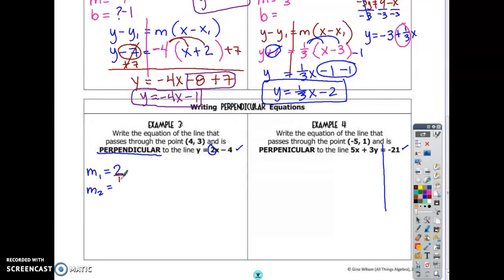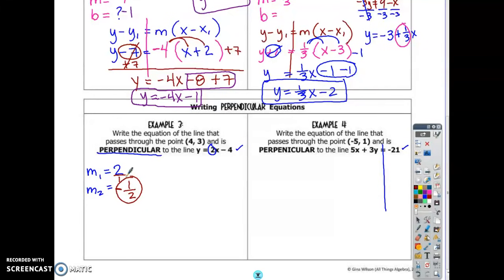It's 2 over 1. So when you flip it, what happens? It's 1 over 2. And we change it to a negative. So this is the slope that I want. I want the equation to have a slope of -1/2, because then that makes my lines perpendicular.